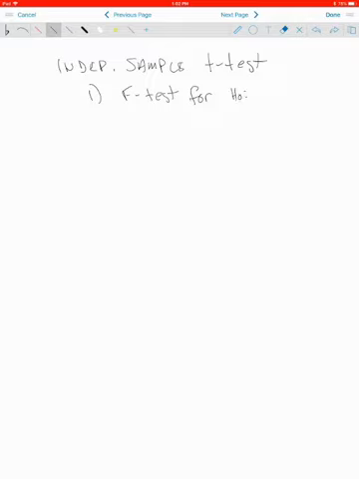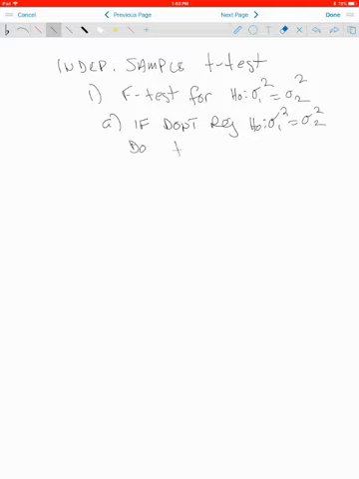In other words, an F-test to see if the variances are equal or not. So if you don't reject that null hypothesis that the variances are equal, in other words, if you have no evidence the variances differ, do the t-test.